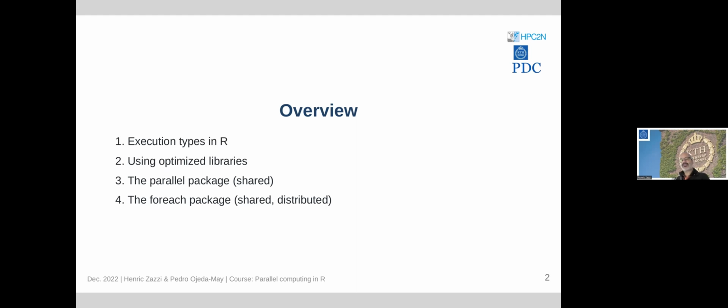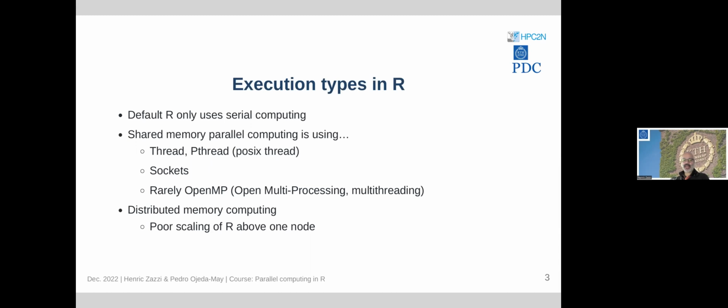So let's first talk a little bit about execution types. As you are all acquainted with, default R, if you start R by default, only uses serial computing. There are some functions that are using parallel computing as well, but we'll go through them a little bit later.